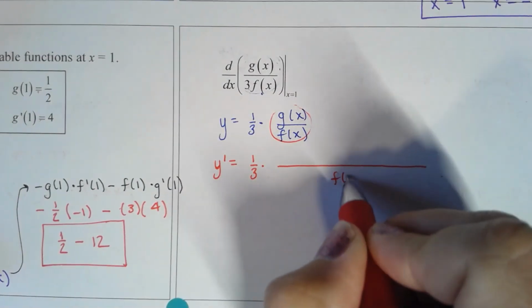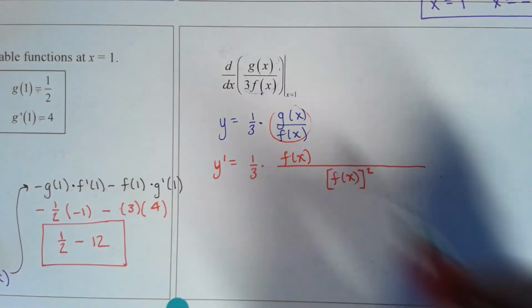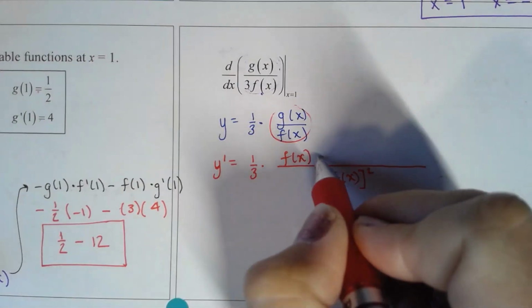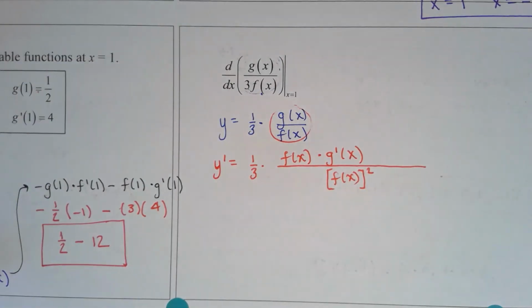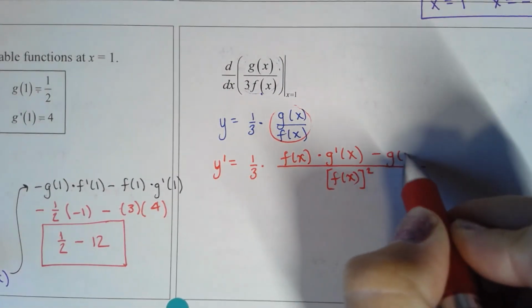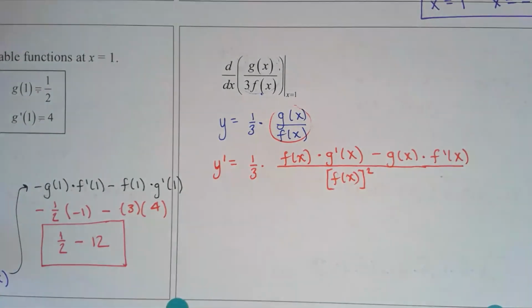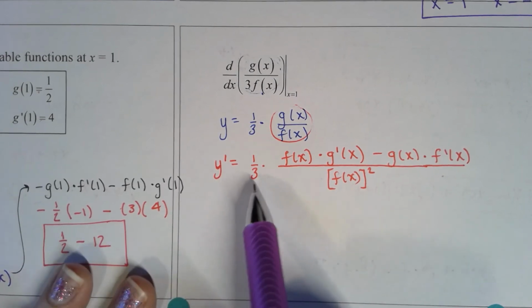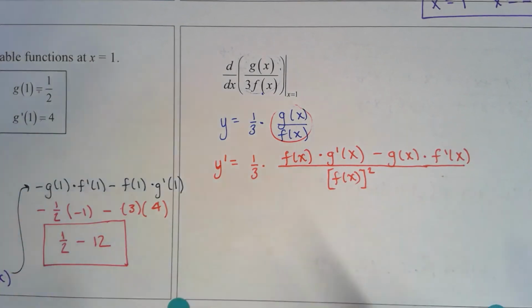The quotient rule says square the bottom and then rewrite the bottom. Multiply by the derivative of the top, which is g prime of x, minus the top, which is just g of x, times the derivative of the bottom, which is f prime of x. By the way, by sliding this 1/3 out in front, it just kept all our numbers up here smaller. So I think you'll appreciate that.